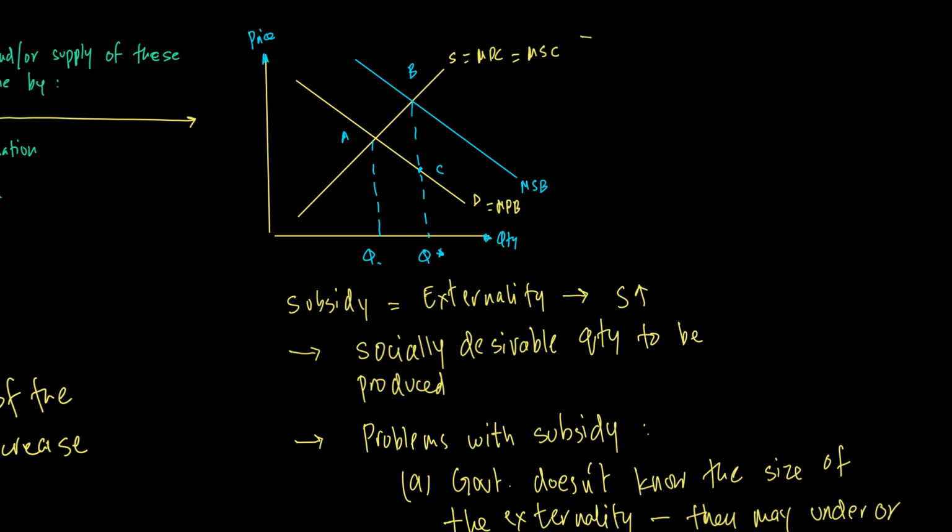So for example, if I give a subsidy equal to the externality, my supply curve will shift to the right, something like this, and I can have the new supply curve S dash, which is equal to marginal private cost minus subsidy, because it will reduce my cost. And the idea is the subsidy will reduce the cost of production and therefore result in the supply curve shifting to the right and the socially desirable quantity being produced.